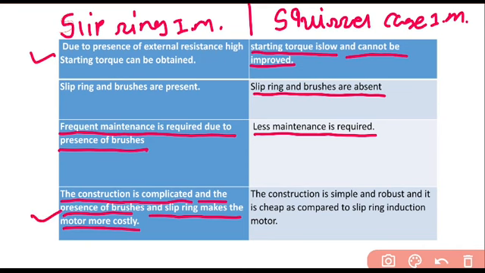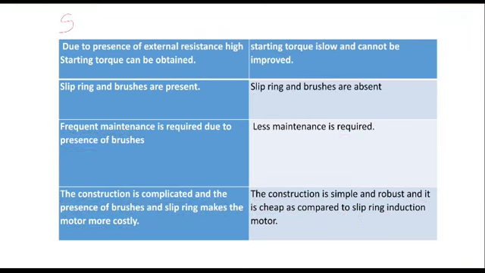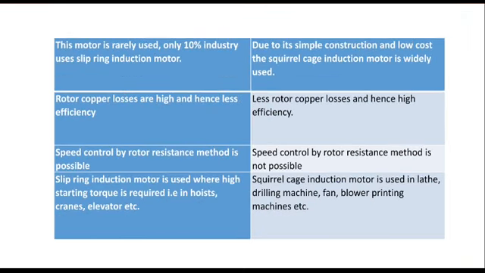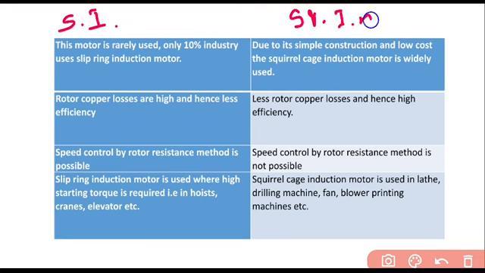On the other side, in the squirrel cage induction motor, the construction is simple and robust, and it is cheap compared to the slip ring induction motor. Some more points are still required to discuss.